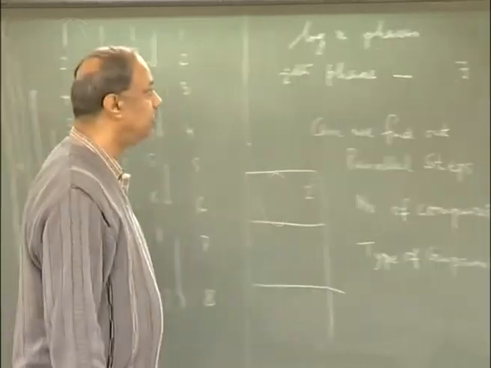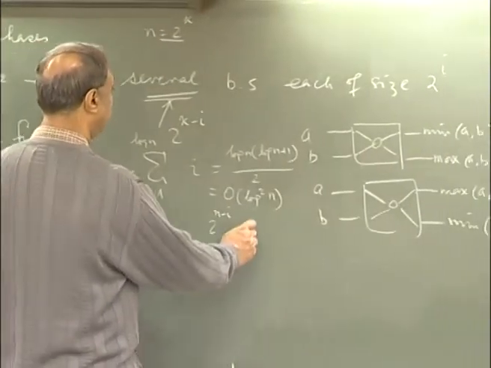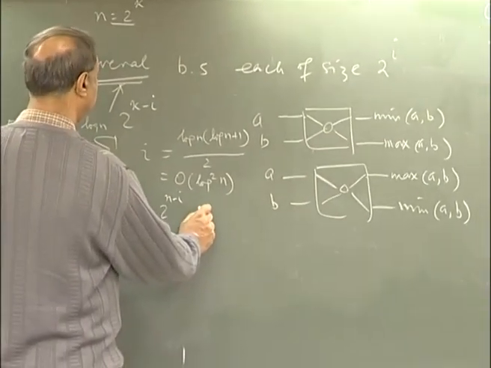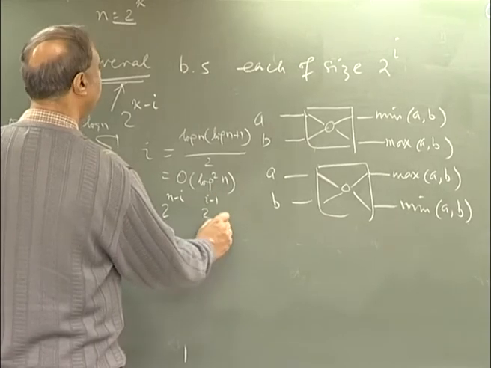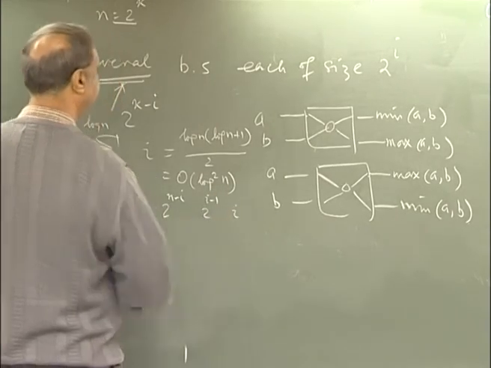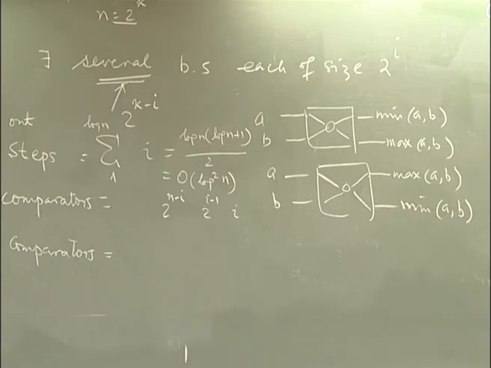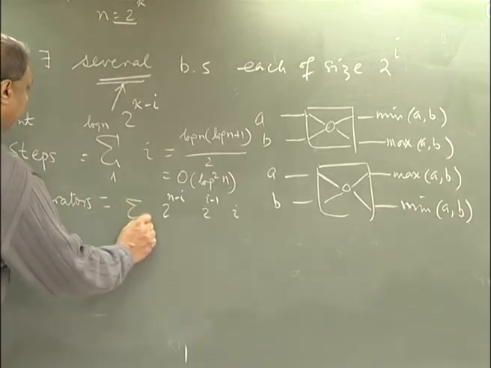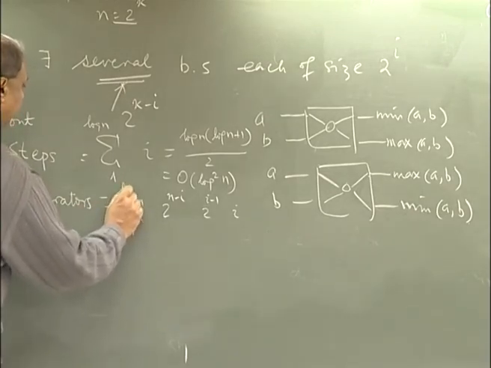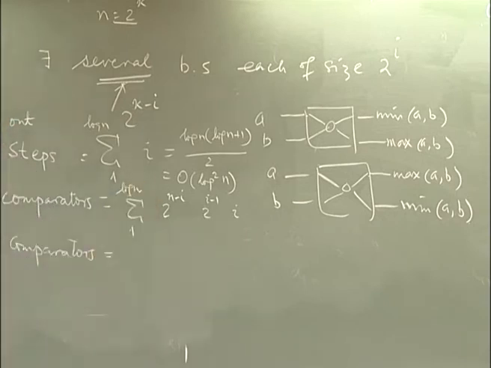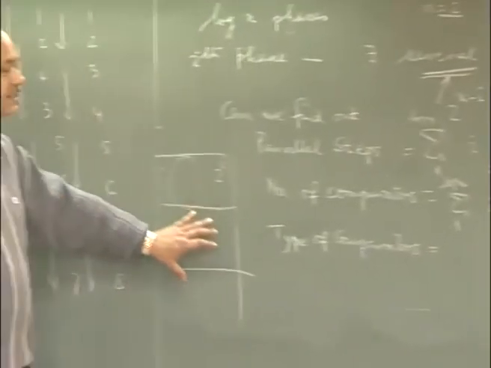Agreed? So this is 2 to the power i minus 1, i. Summation over i equals 1 to log n. There are 2 to the power n minus i subparts.